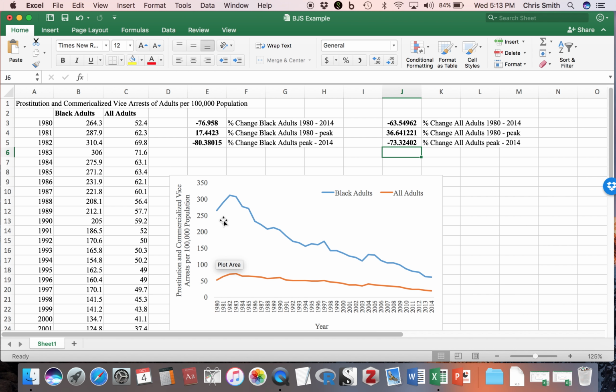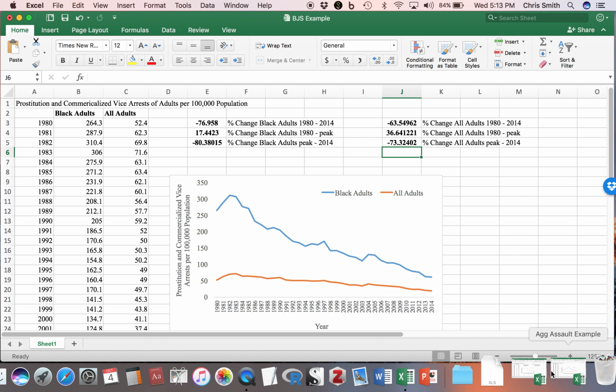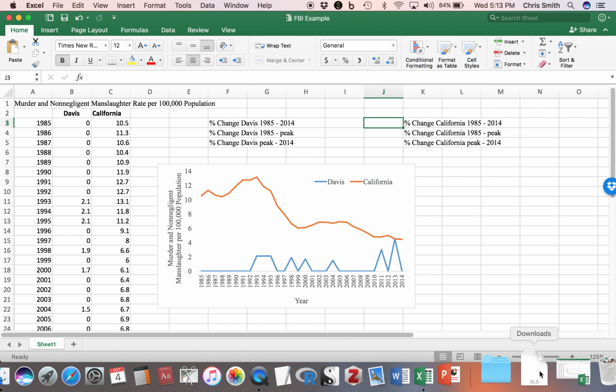Let me do this for those of you that use the FBI UCR data and looked at local agencies. This is the one where I compared the murder and non-negligent manslaughter rate in Davis to California. And for these percent changes, I'm asking the same questions, but I'm going to start with California here, and you'll see why.